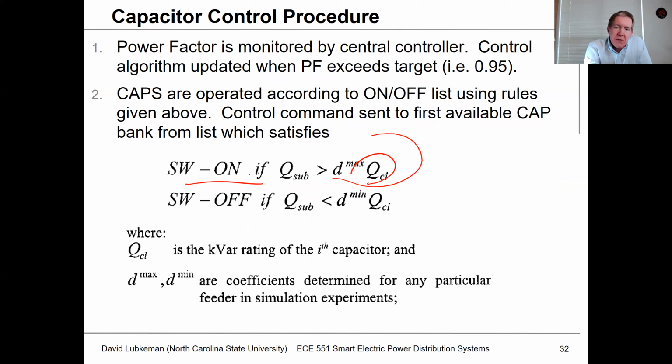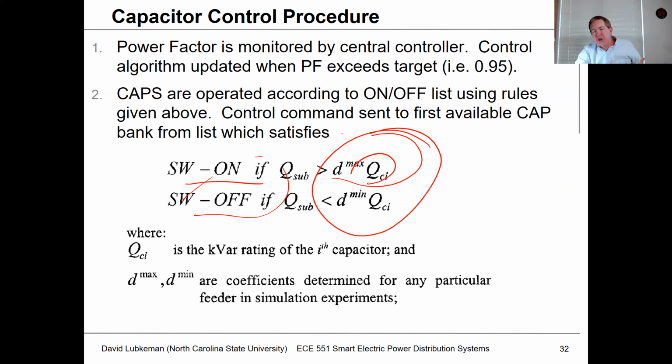And then if the Q sub drops to the point where we can actually help squash the reactive power down further, then we'll go ahead and switch that capacitor off. And so we're using these coefficients on the capacitor side so we don't get cycling on the capacitor banks on and off.